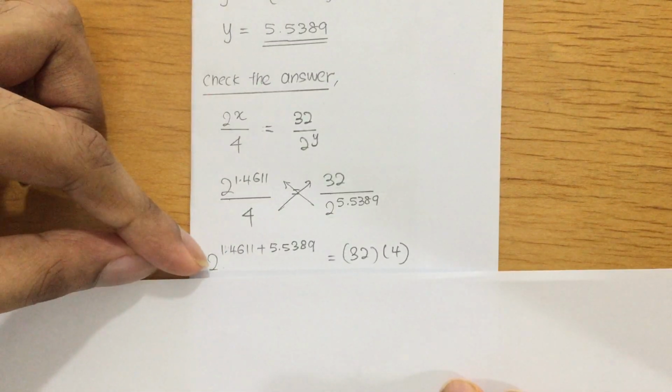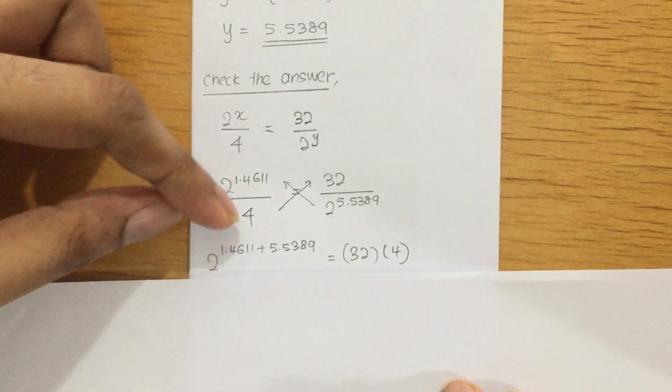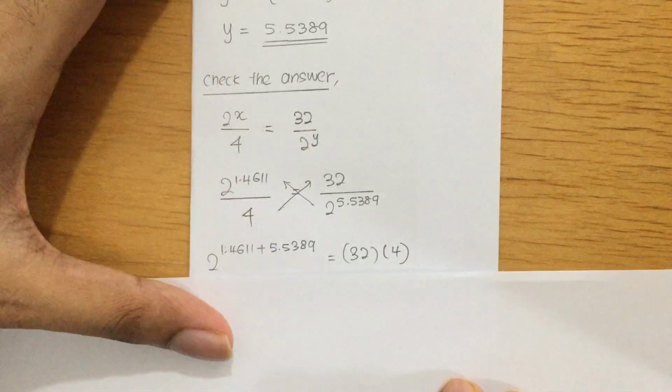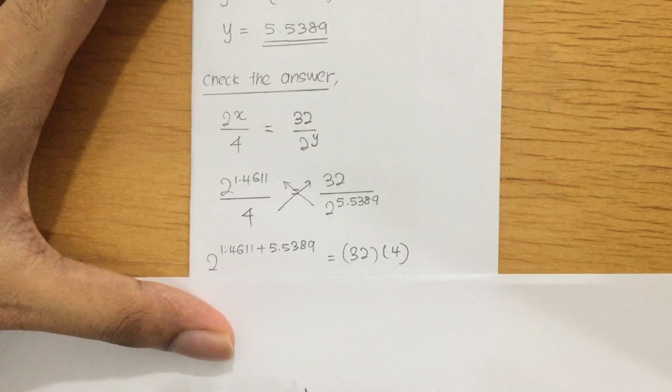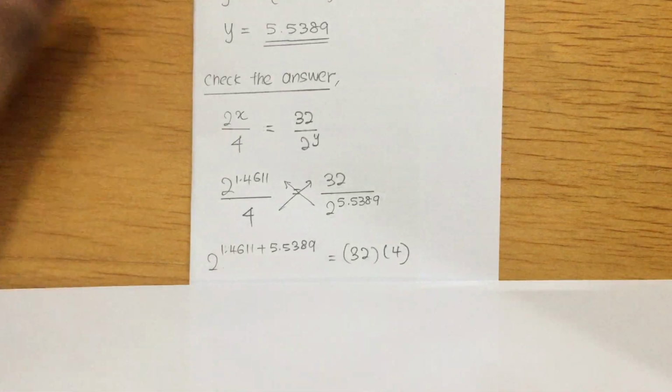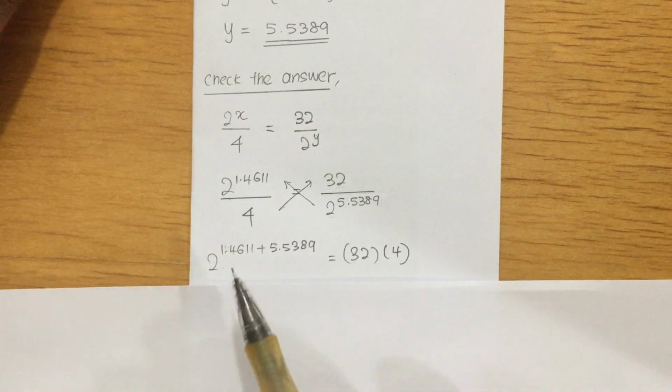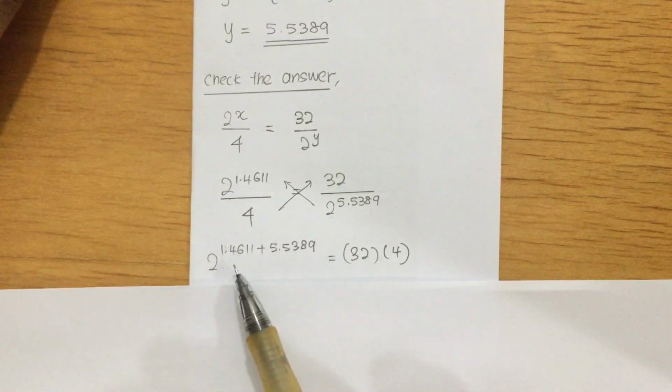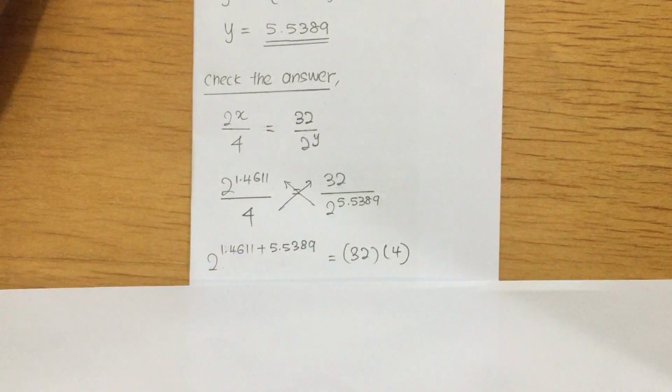And from here you get 2 to the power of (1.4611 plus 5.5389) equals 32 times 4. 32 times 4, you should be getting 128. But now the question is, does the sum of the two values give you 7? Alright guys, let's find out together.